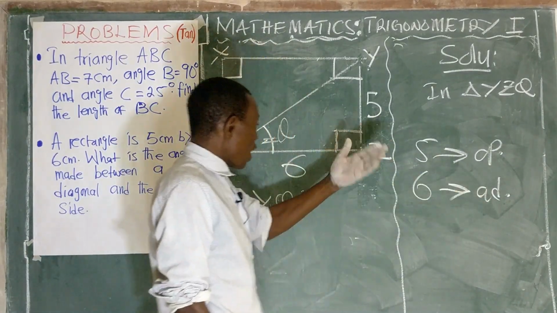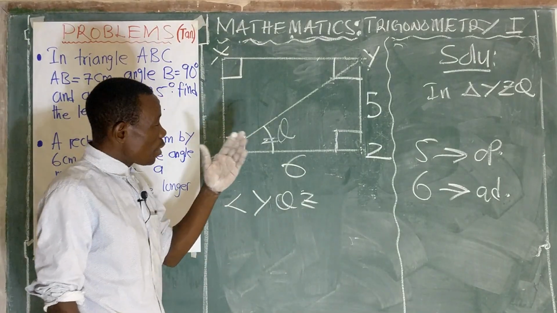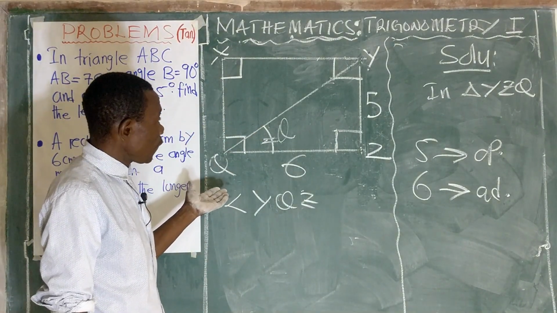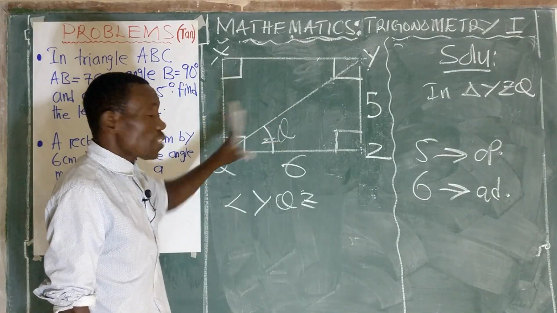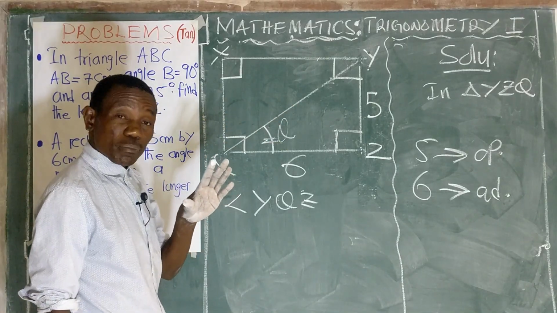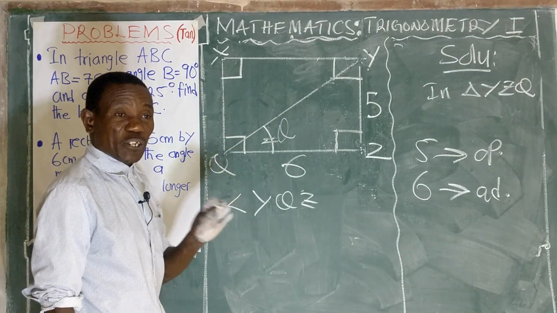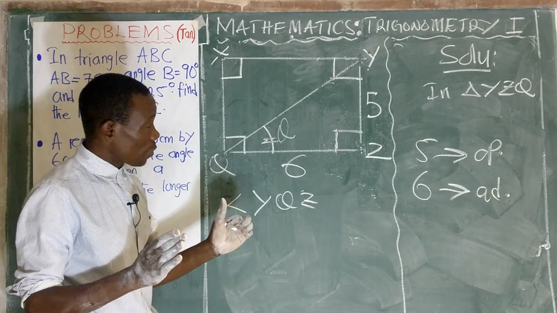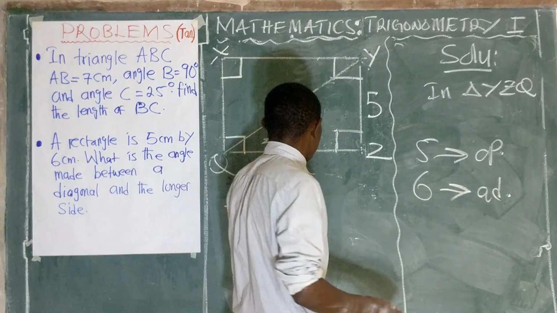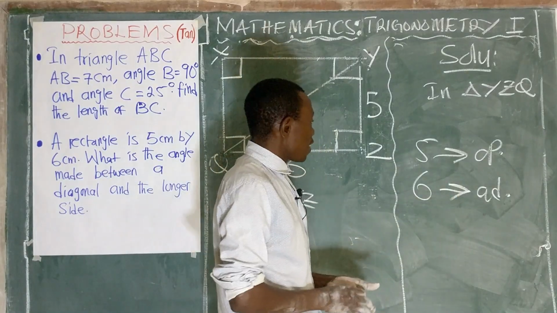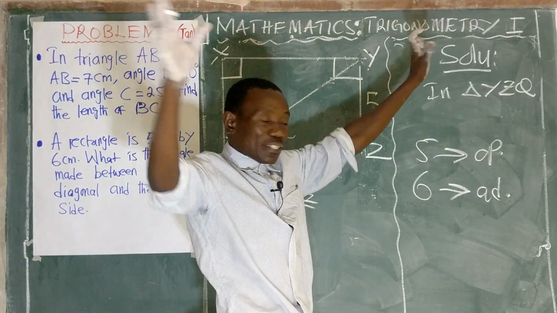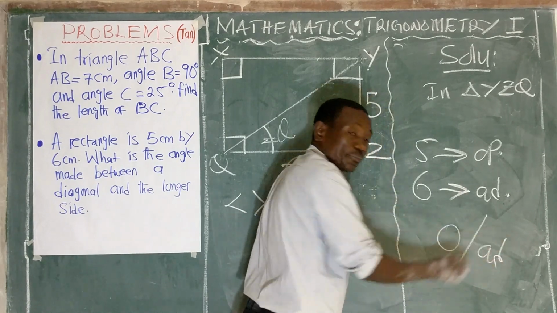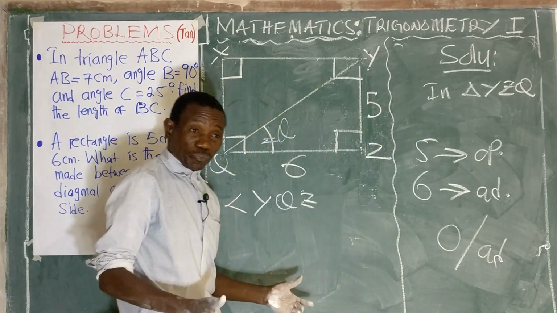It can happen that the side given is the hypotenuse. If you're given all the sides, just choose any two sides and take note of their names. So here our 5 is opposite, 6 is adjacent. Now choose the ratio that talks about the opposite and adjacent at the same time.